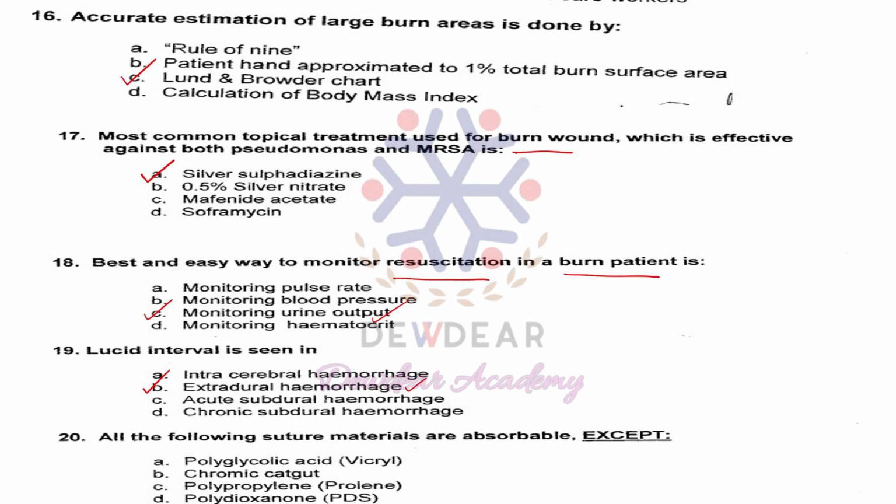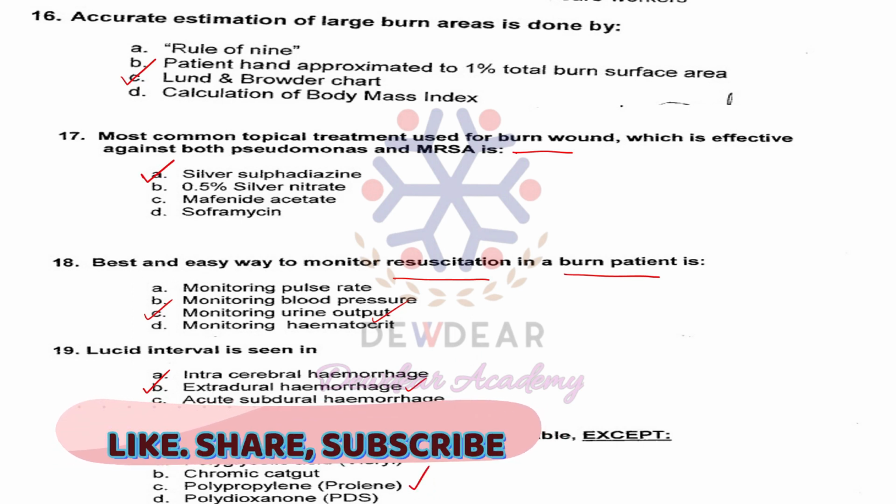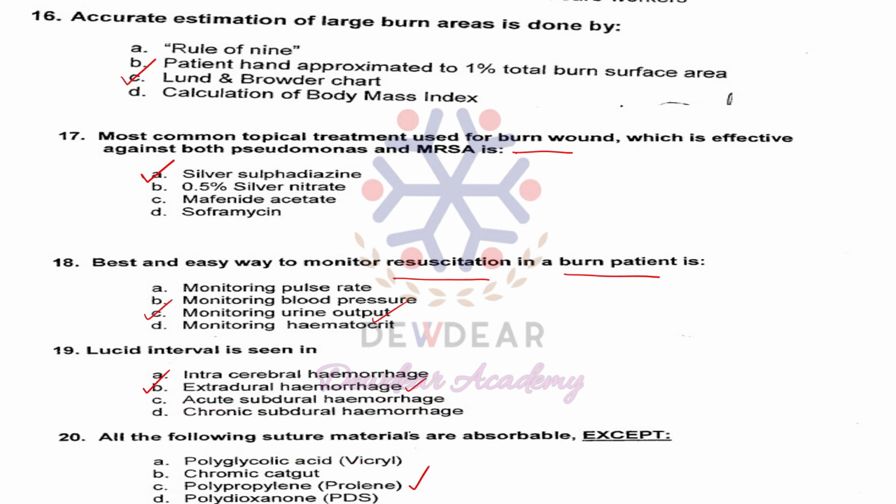That is the question here. The correct answer is polypropylene or Prolene. Polypropylene or Prolene is the suture material which is non-absorbable. All others are absorbable except polypropylene or Prolene. So option C is the correct answer here.